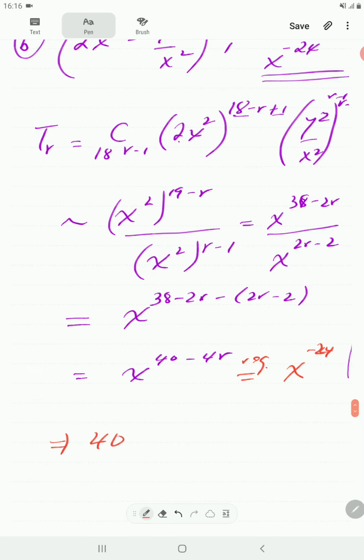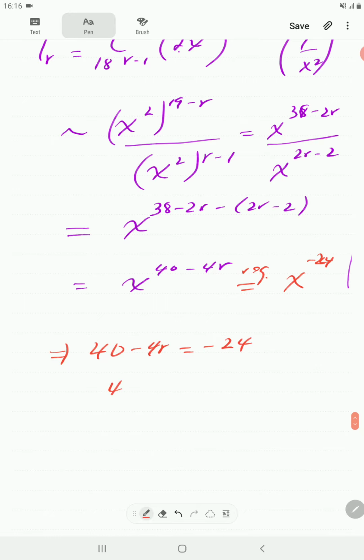So it tells us that 40 minus 4r is negative 24. So 4r is going to be 64. So r is going to be 16, so term number 16.